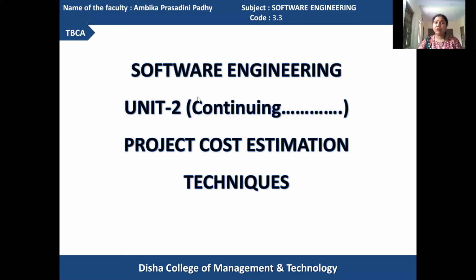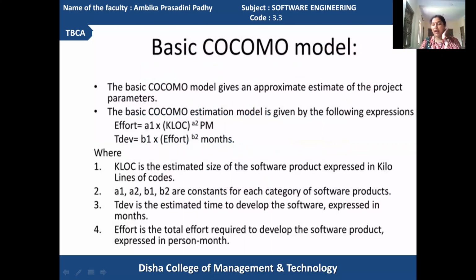When you use the basic COCOMO model, the intermediate COCOMO model, and the complete COCOMO model, we can estimate the size, cost, effort, and time duration for a particular product. Basic COCOMO gives an approximate estimate of the project parameters. Estimations are not always 100% accurate.